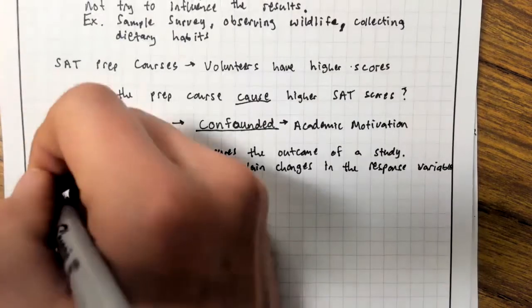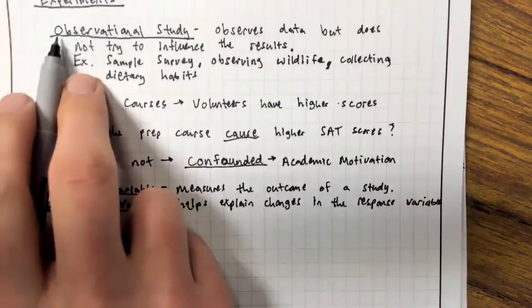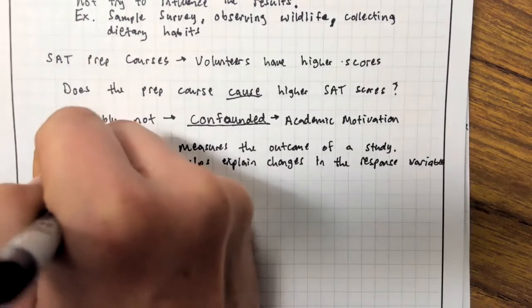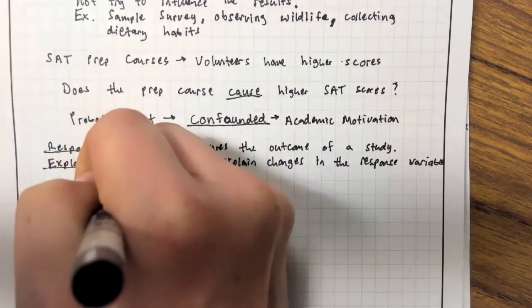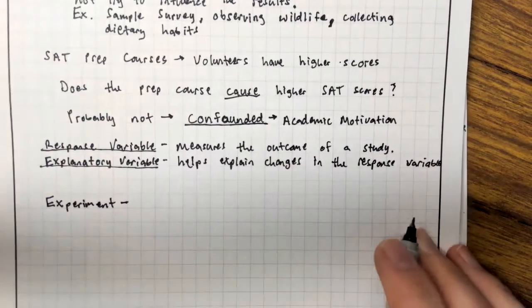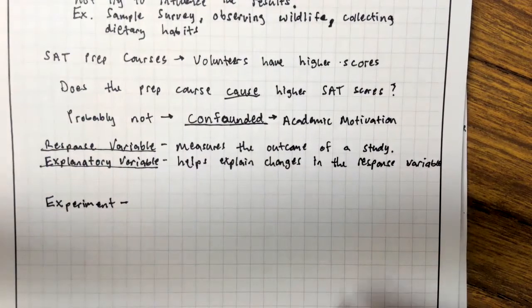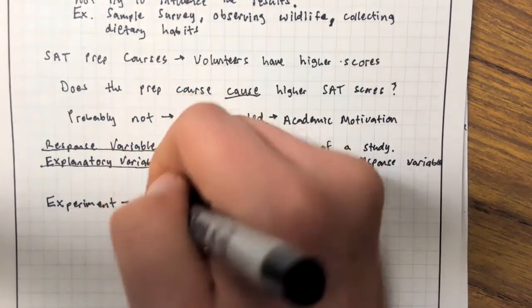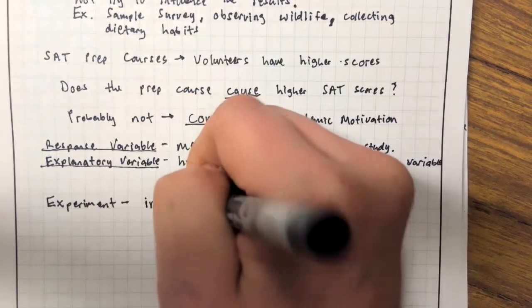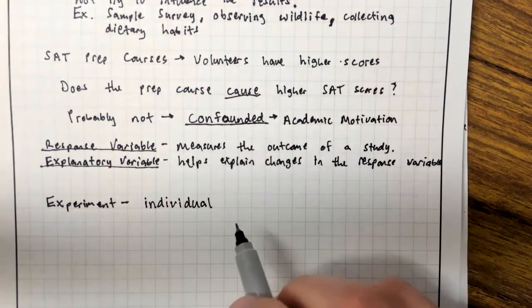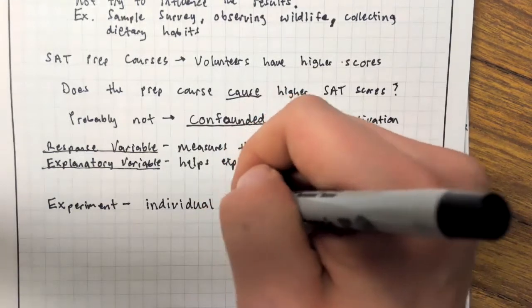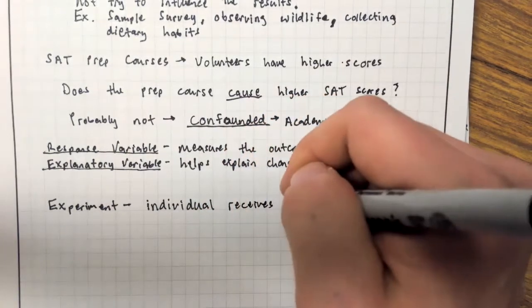So for an experiment, its key idea: it's a lot like an observational study, but it has one key difference. An experiment happens when an individual, be it an animal, a student, a car, really anything that you're collecting data on, receives a treatment.